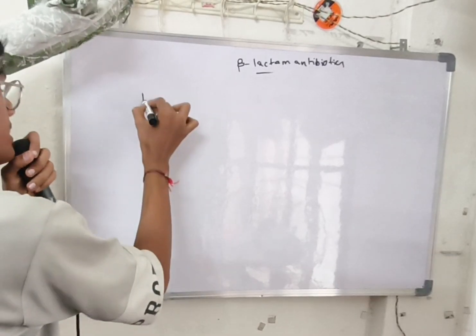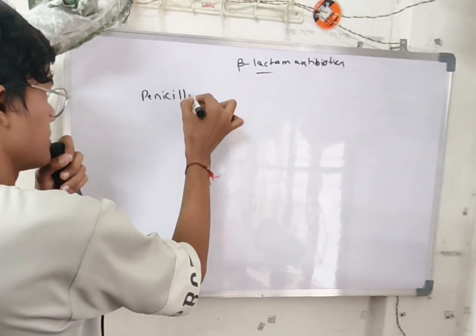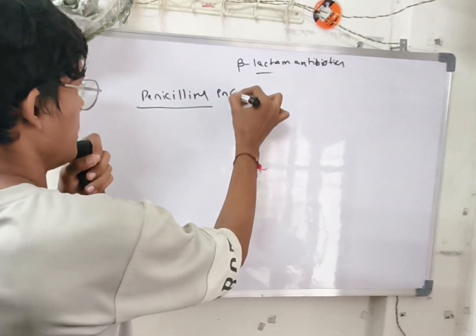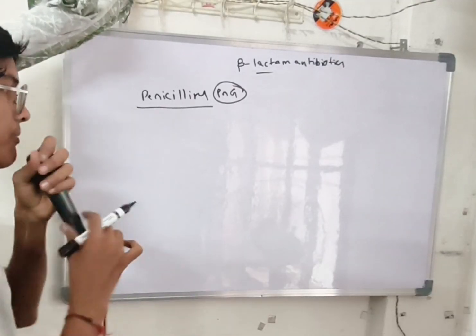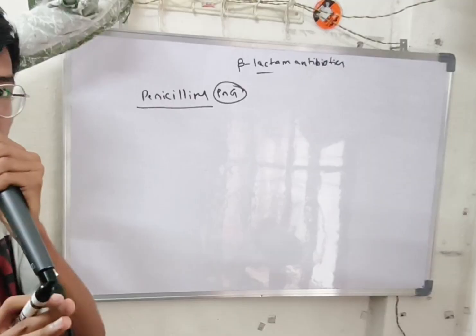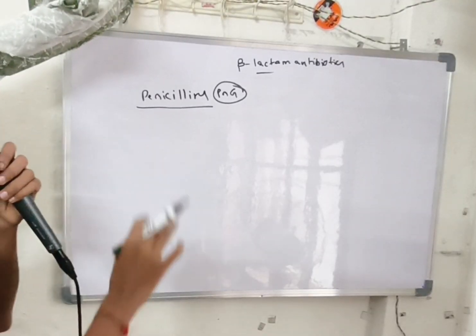Initially we know penicillins. We have penicillin G. I am writing PNG, but you should not write like that in the exam. Penicillin G is not resistant to acid. It is acid labile and will be destroyed in the acid.